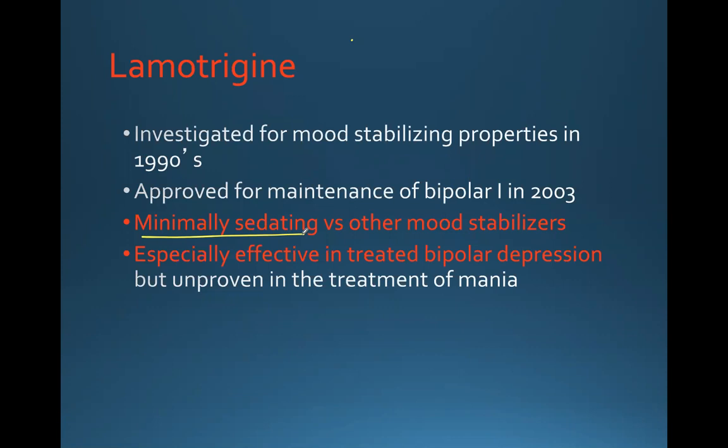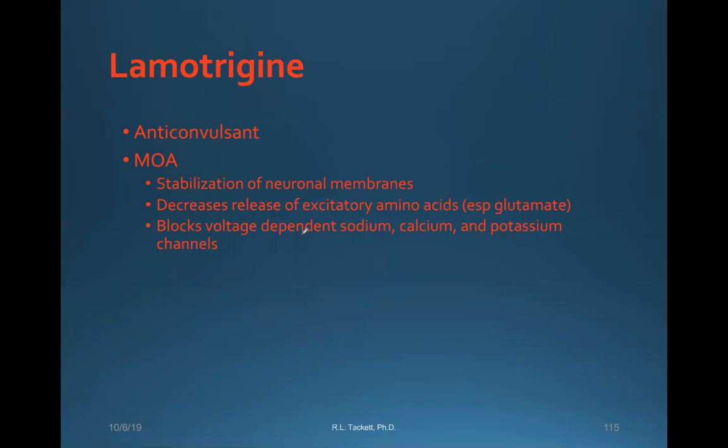That's a big issue that we see with Lamictal. I think one of the big pushes was that many of the other drugs we had were more effective for mania and had minimal or variable effects on the depression aspect of it. It is an anticonvulsant, and the mechanism of action we believe is that it stabilizes membranes.